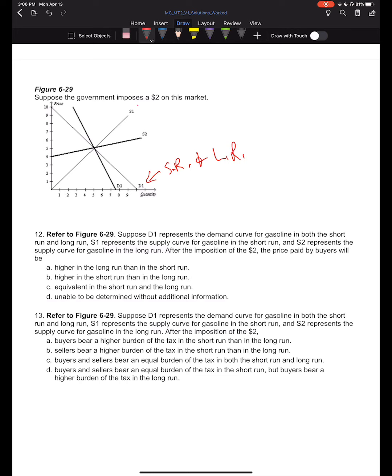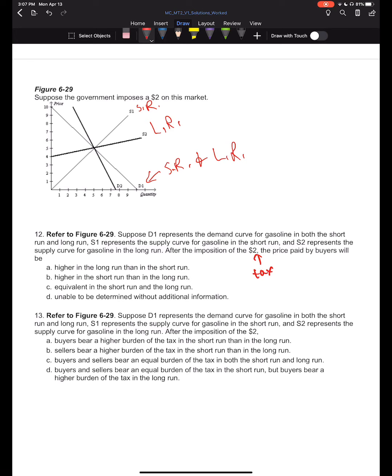So this is the short run, and this is the long run. After the imposition of the $2 tax, the price paid by buyers will be higher in the short run than in the long run, or is it going to be higher in the long run than the short run? Or is it going to be equivalent?